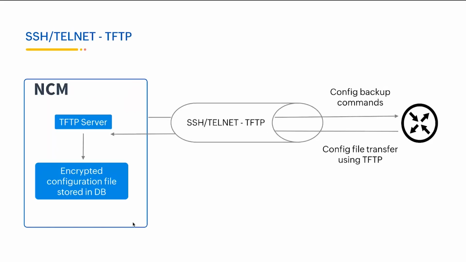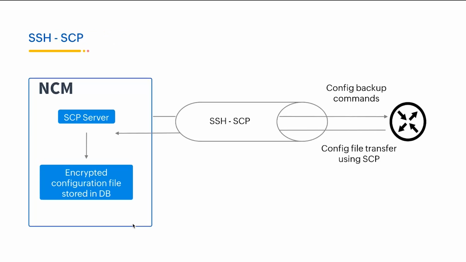Next is SSH Telnet with TFTP. Like the previous one, NCM's built-in TFTP server can receive configuration files sent via TFTP after NCM triggers the backup command. Next is SCP. Similarly, using NCM's SCP server, the configuration can be securely transferred via SCP.